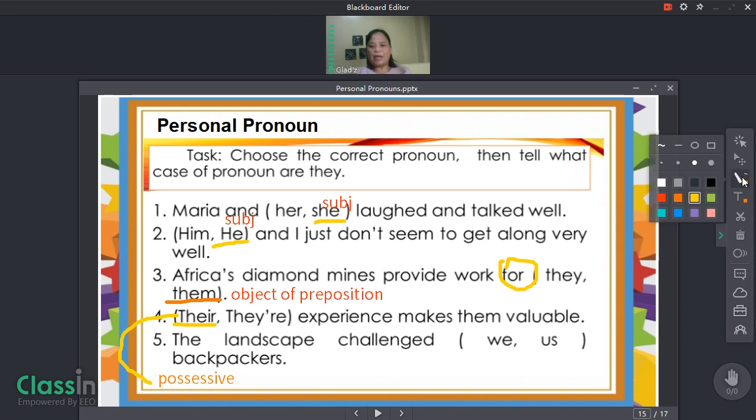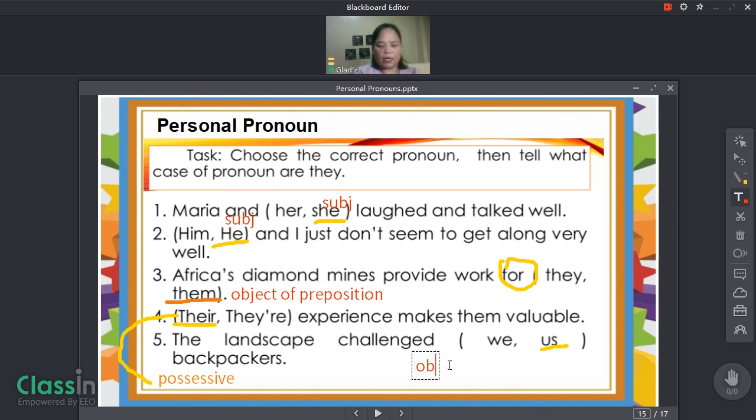And then for number five, last, the landscape challenge we or us backpackers. Okay, the correct answer is us. The landscape challenge us backpackers. And then what case of pronoun is us? So it is an object.